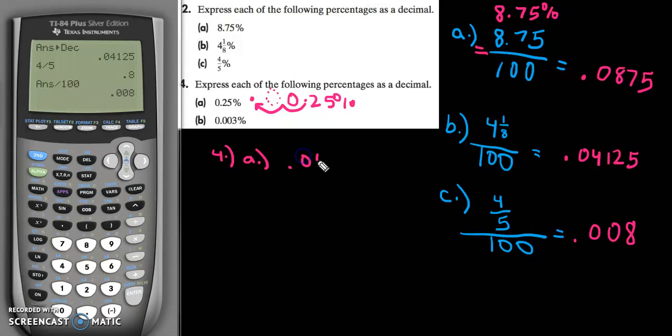So 0.0025 should be the same as 0.25%. And same thing here, if I move this one twice, it looks like I end up with 0, 0, 0, 0. Is that 5 of them and then a 3? Or sorry, 4.